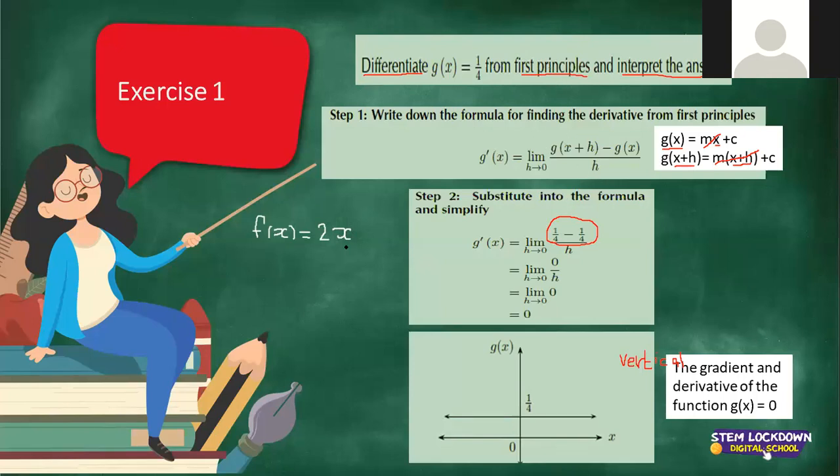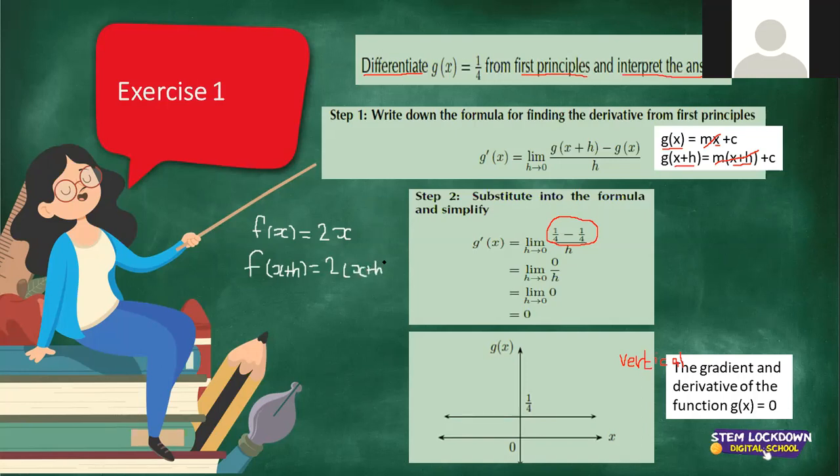So when you calculate your f of x plus h, remember we need two important things: our original function and f of x plus h. This will be equal to 2 of x plus h.